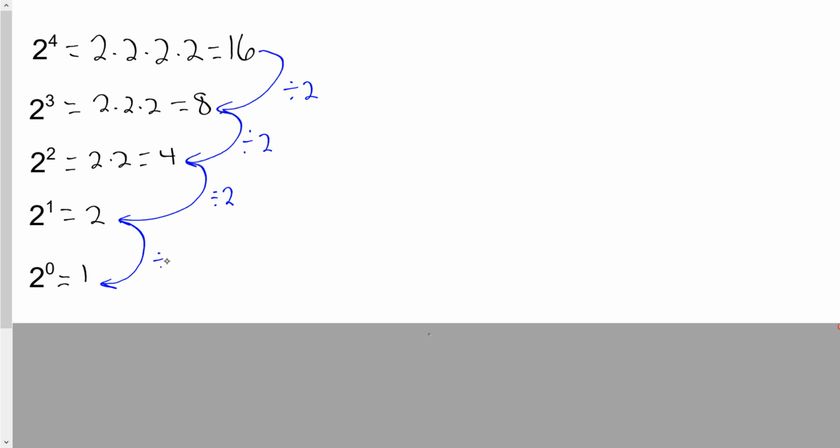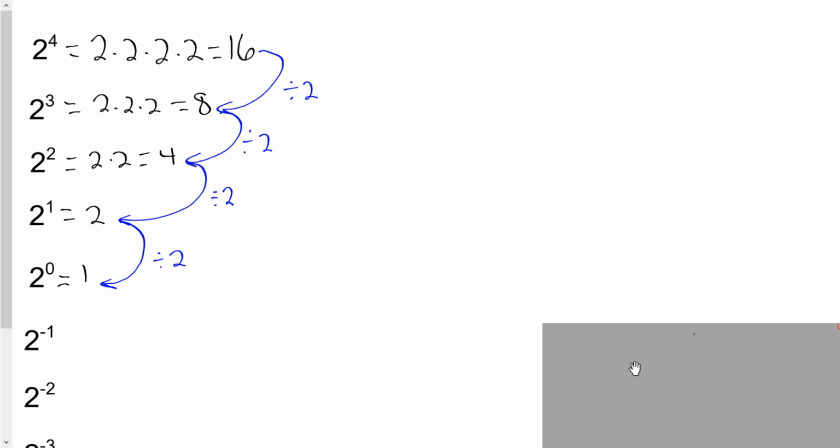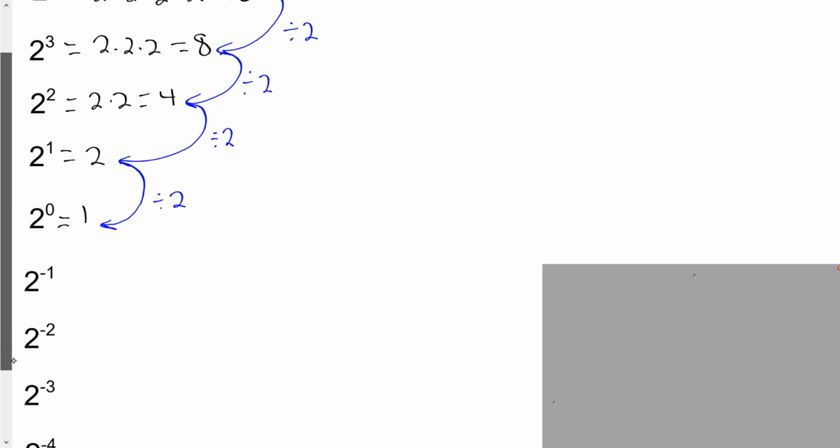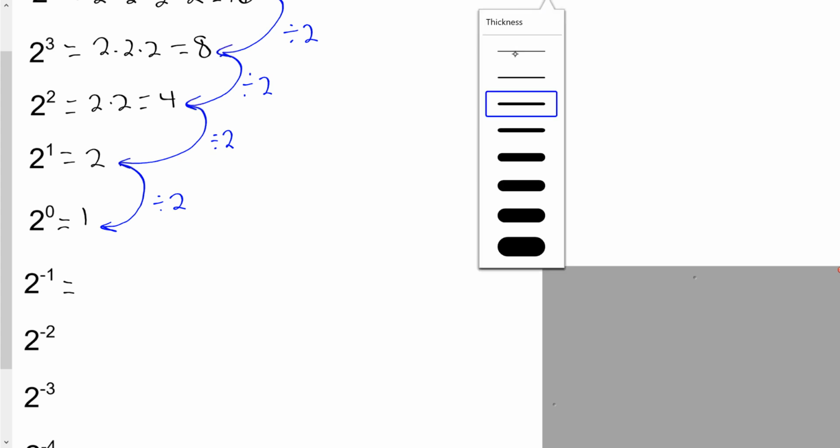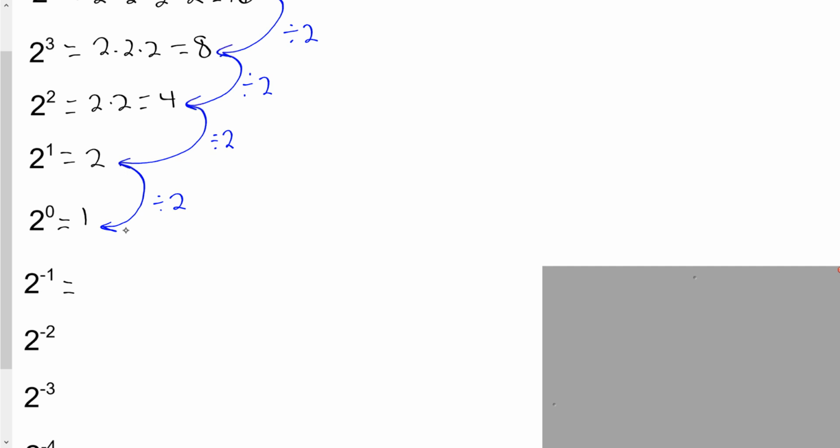So I wonder if we can use this pattern to tell us what 2 to the negative 1 power is. Well, 2 to the negative 1 power, if we follow the pattern, all we should have to do is divide by 2. Well, what is 1 divided by 2? 1 divided by 2 is 1/2.